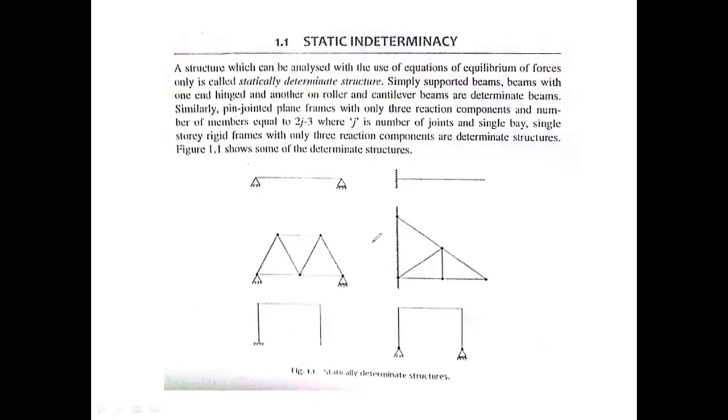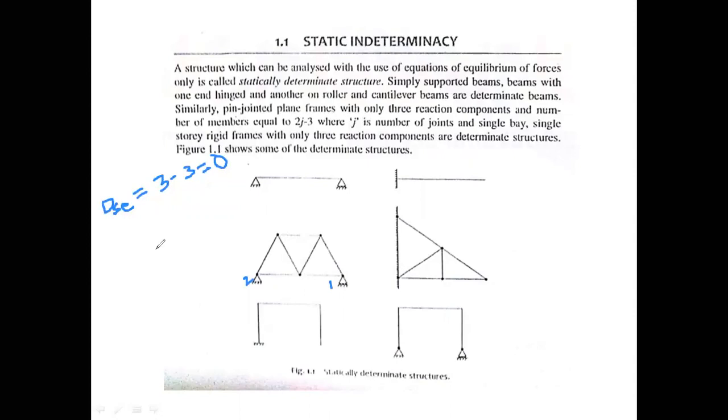For this truss we need to see whether it is both internally and externally determinate or not. Externally we can easily see the number of reactions over here will be 2. Here it will be 1. Total, if we calculate the static indeterminacy externally, it will be 3 minus 3, that is 0.